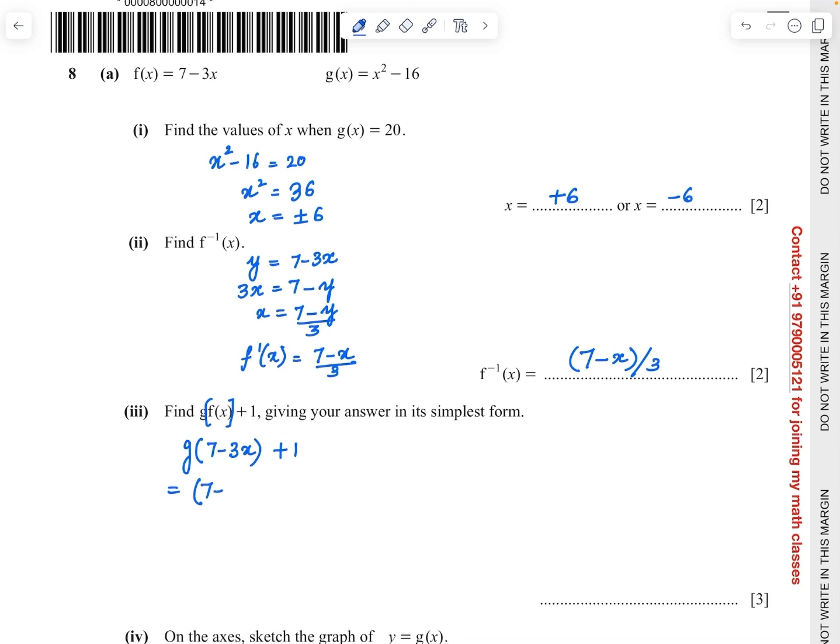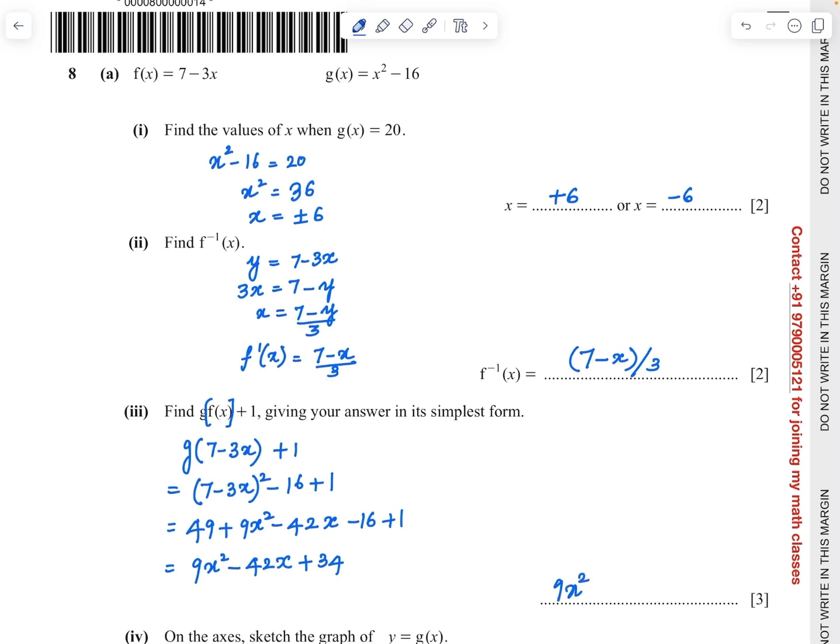So (7 minus 3x) the whole squared minus 16 plus 1, which is 49 plus 9x squared minus 42x minus 16 plus 1. So which gives us 9x squared minus 42x plus 34.